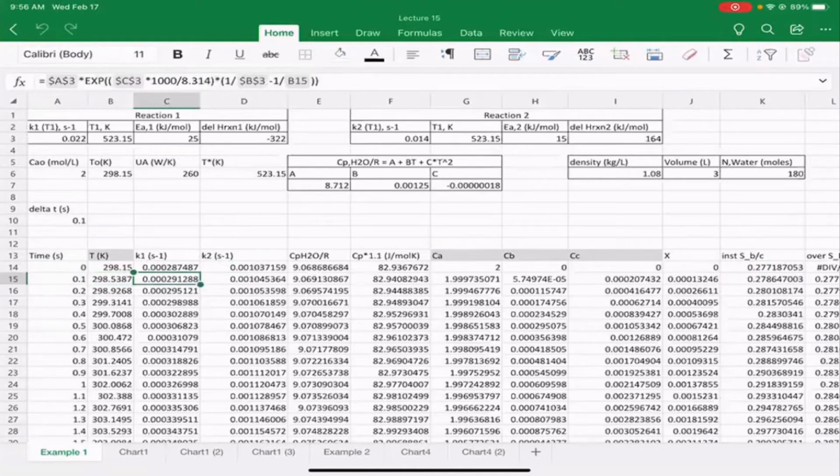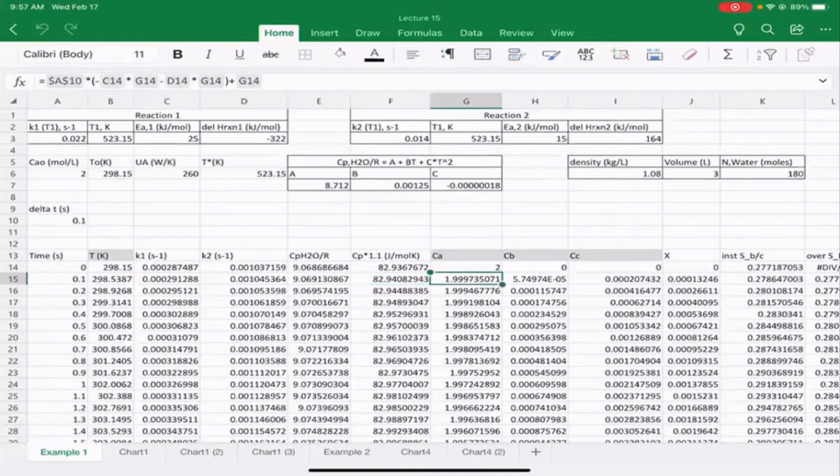And here's how we calculate K1. If you look at the function bar, it's basically our initial value that we had times the exponent of EA over R times 1 over T1 minus 1 over the T that we are presently at. And the same thing for K2 and our ability to calculate the heat capacity.